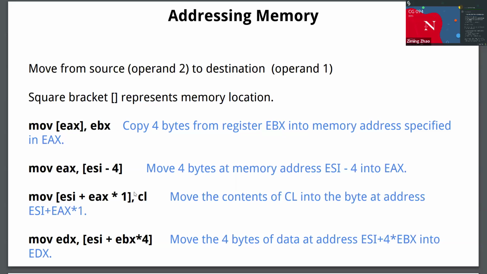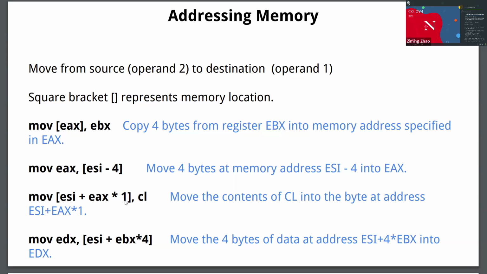So this is a register, and this part is memory. We're only moving 1 byte, not 4 bytes anymore. We're copying 1 byte from this register to a memory location, and that memory address is ESI plus EAX times 1. Obviously you can have another register and different numbers.